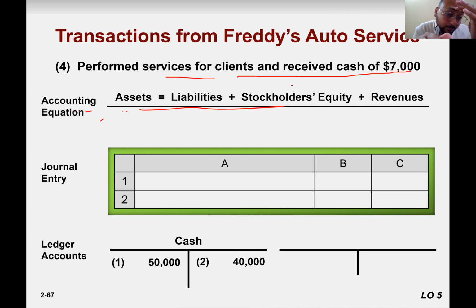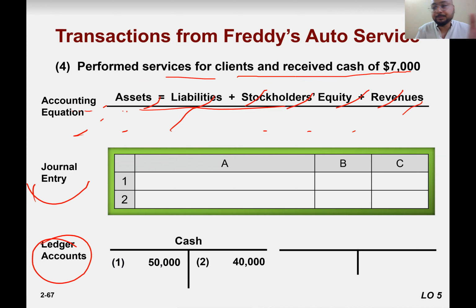What we are doing right now is solving the same question through the double entry system. So do not pay attention here. If you are confused by this accounting equation, do not pay attention here. Pay attention to this double entry system, journal entry and posting to ledger accounts.